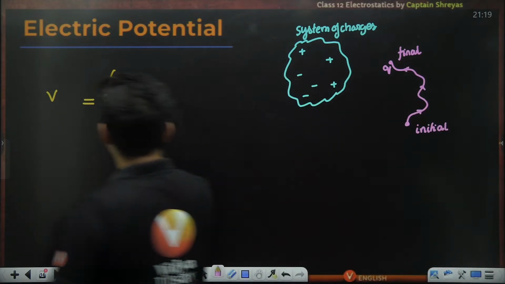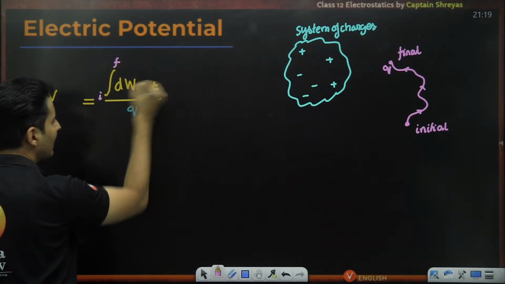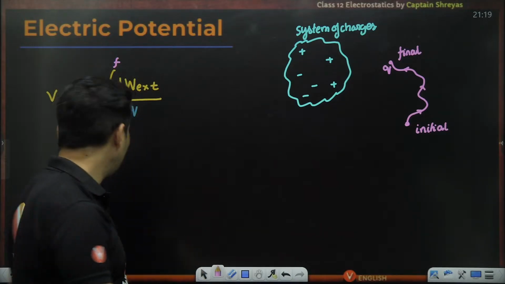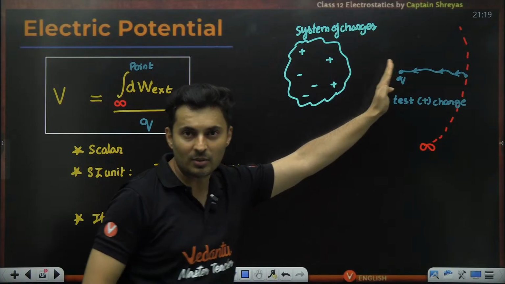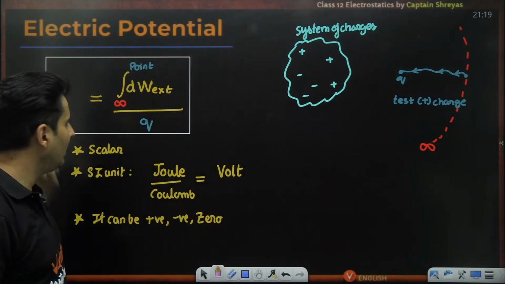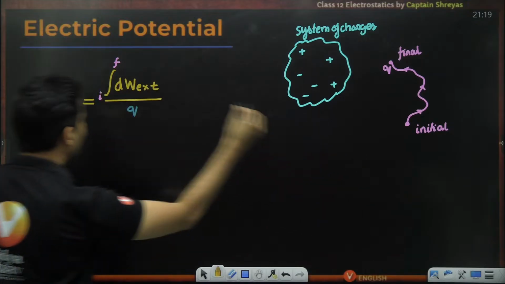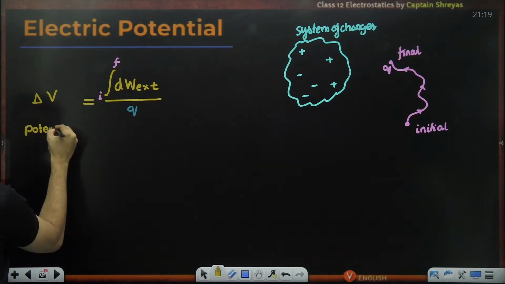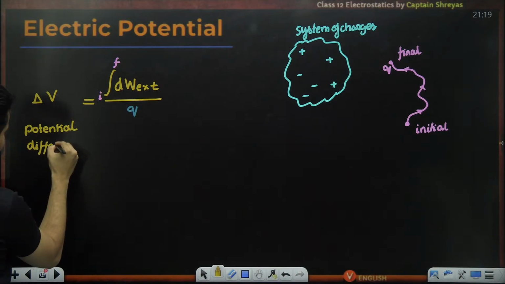If I go from my initial point to my final point and I calculate the work, 100% it won't be the potential at that point. Rather, I'm going from a specific point to another specific point. So what will it be then? 100% it will be the potential difference. You might have heard this word potential difference. This is exactly the definition.